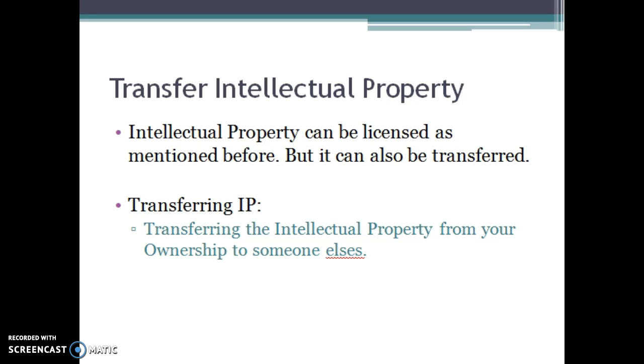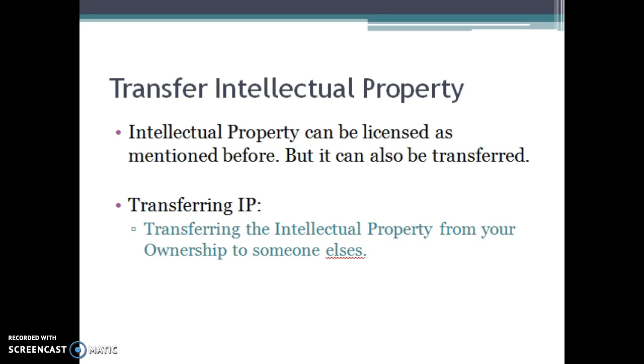But transferred means that when you sell it, when you give it to a licensee, it's not just a licensee anymore. You're actually transferring the ownership to that person. So you no longer own the intellectual property that you're selling. You get a one-time payment, a one-time fee, and they then maintain ownership of that, and you no longer own it.